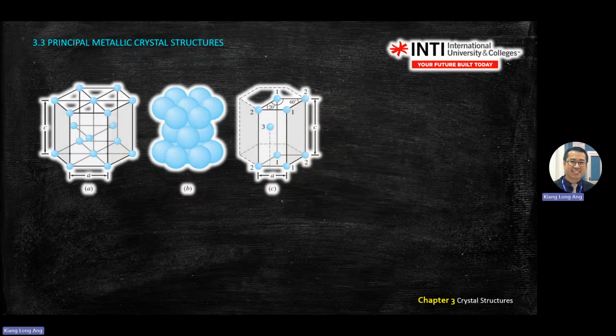Okay, so it's very complex. So you have the dimensions A and C. Just now for BCC and FCC, you only had A. HCP has one more, C, the height, the z-axis.